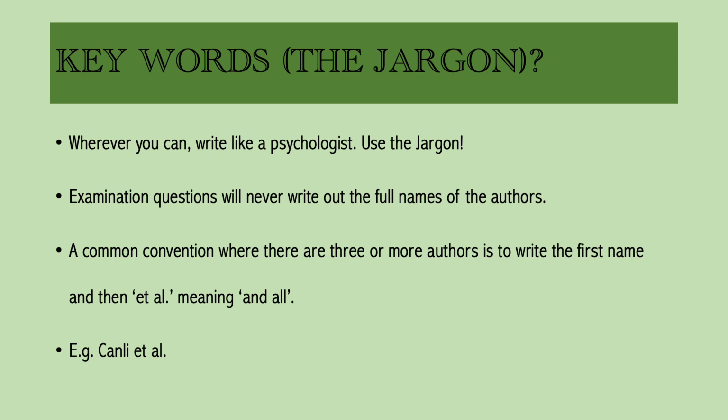So in the exam question, they will not write tiga-tiga. They would not write the study conducted by Umi, Erdina, and Shahira. Panjang kan tau. So you ambil the first person saja, yang the main person yang buat the study. For example, Umi, cerita. They would say Umi et al. Et al means and all.